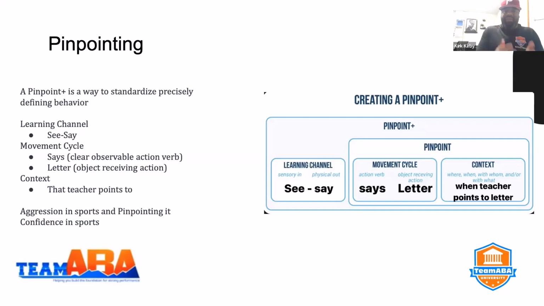And I want to explain, in a quick little story, how important these three components of a pinpoint are. We were brought in a couple of years ago to work with a high school football team that recently went away from the traditional way of calling plays from the sideline.